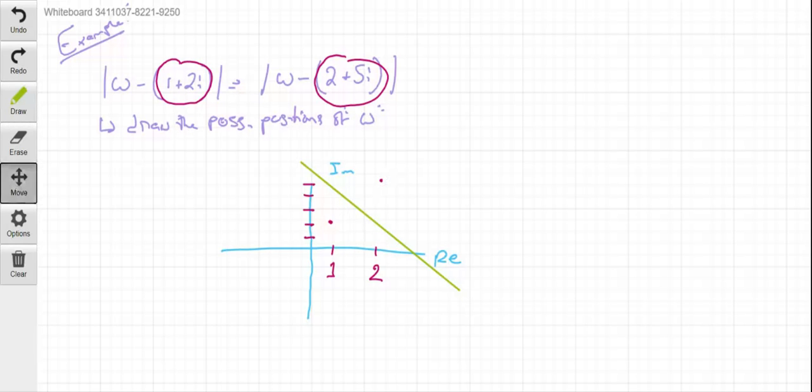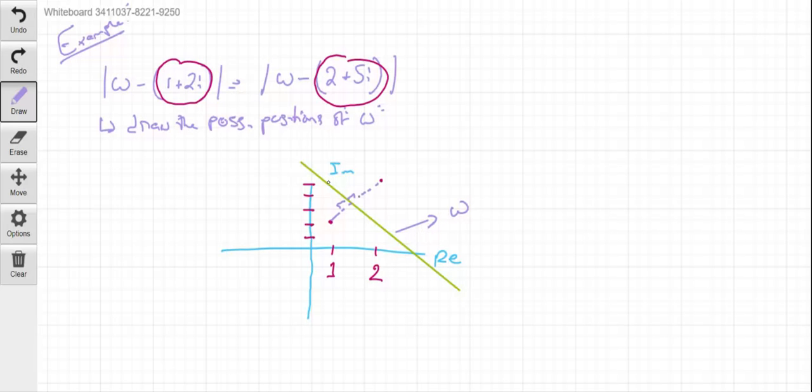In other words, the green line becomes, in this case, our possible positions of W. And we say that the green line is obviously the perpendicular bisector of the line joining the two complex numbers. So any point that is on the green line is a possible position of W.